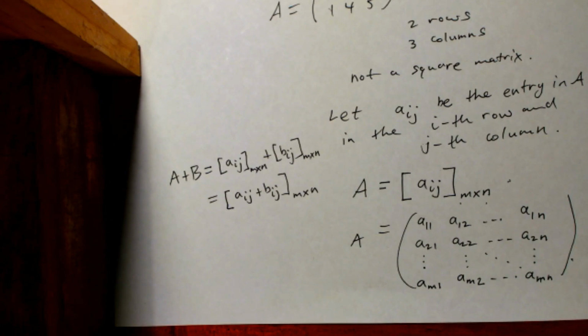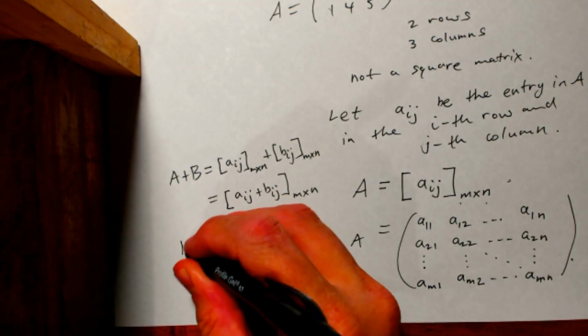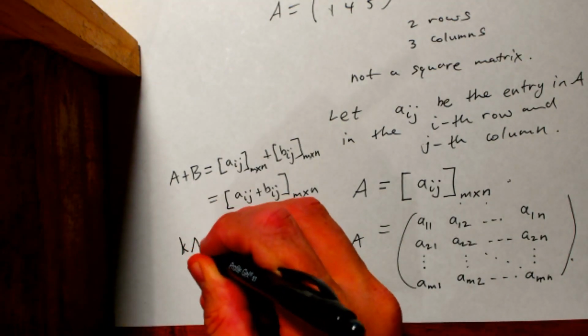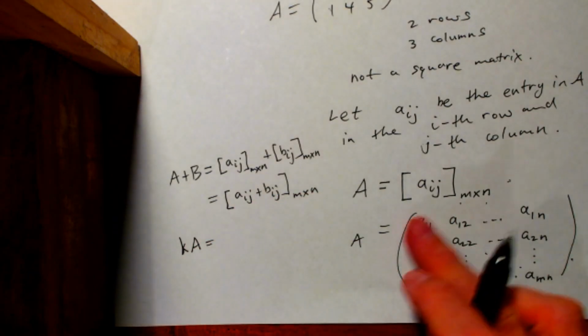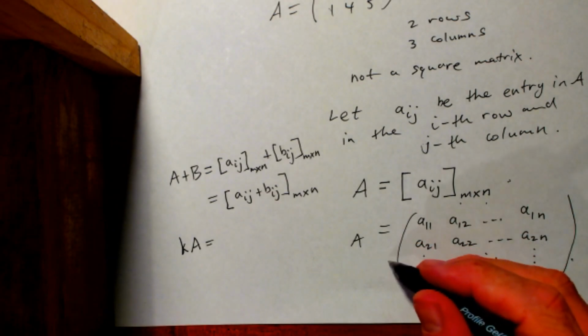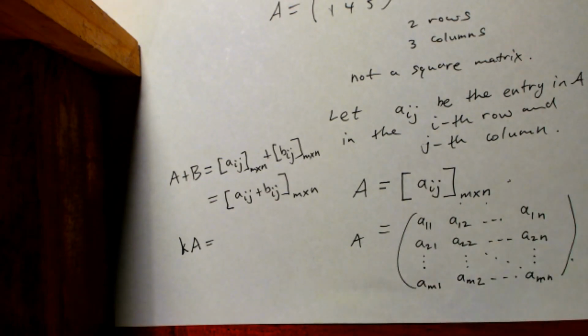Similarly, I can characterize scalar multiplication, a scalar times a matrix, in the same way. The scalar k times the matrix A could be set out like this, with a k in front, and we bring the k in to every entry.